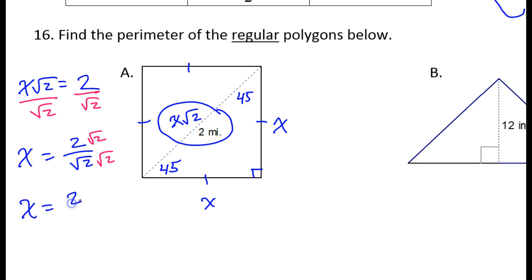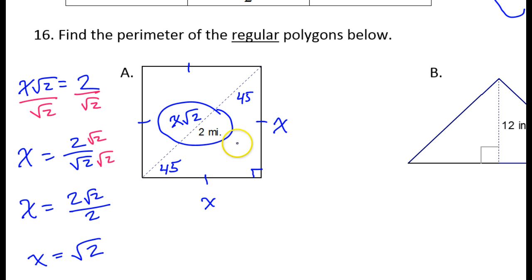So that's going to give me 2 radical 2 over 2, right? Radical 2 times radical 2 is 2, and then these 2's cancel each other out. So x is equal to simply radical 2.